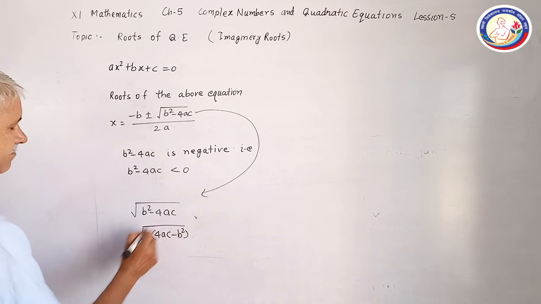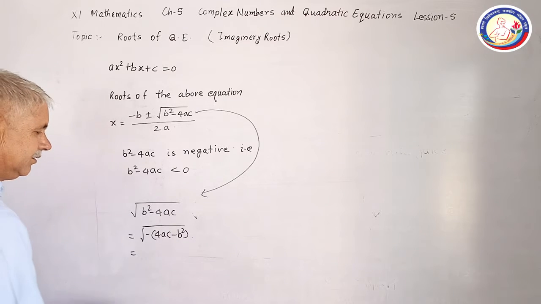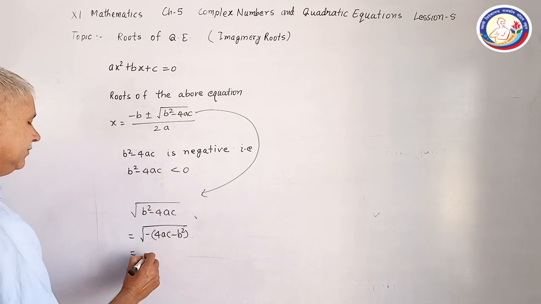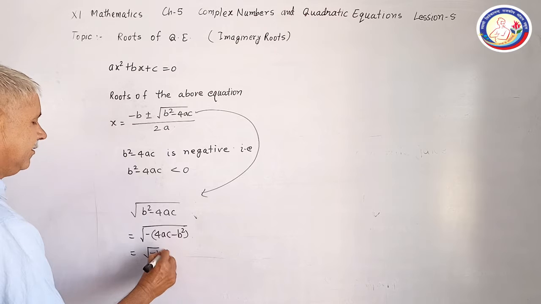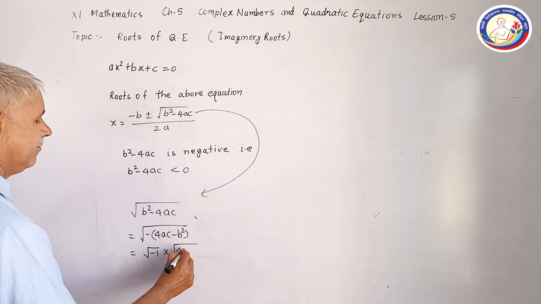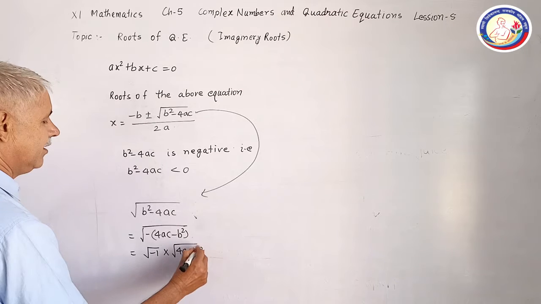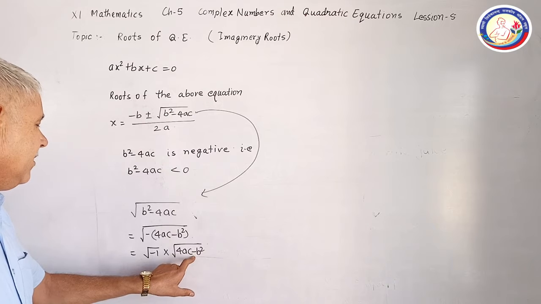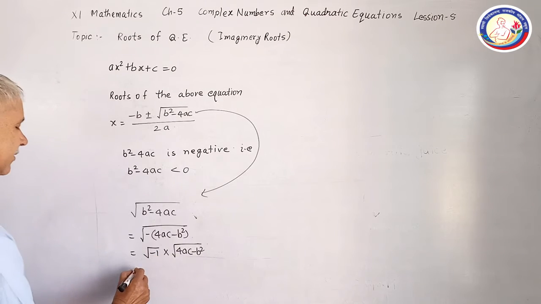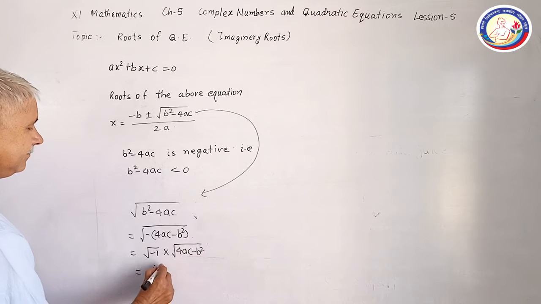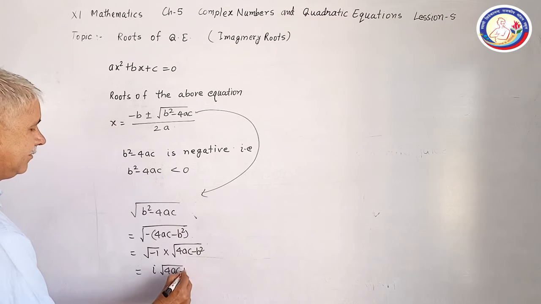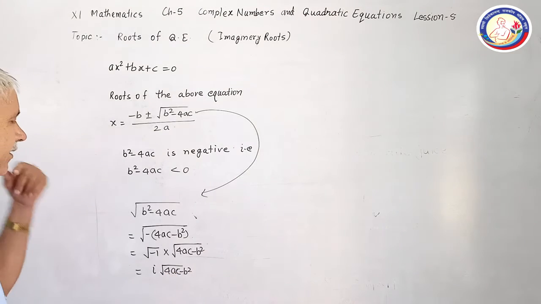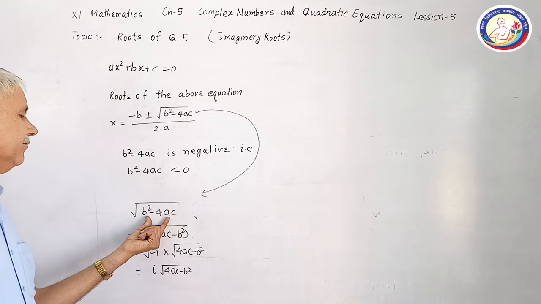Now we write it in terms of multiplication of two terms or two factors. First, square root of minus 1 into square root of 4ac minus b square. So this will be positive, and the value of this term is iota. See again here, b square minus 4ac is negative.